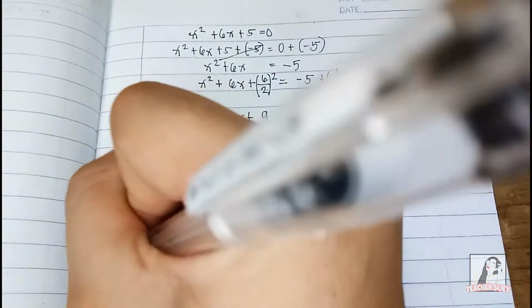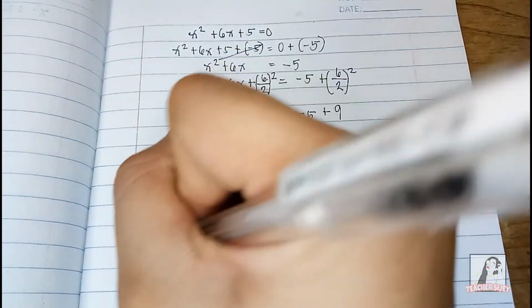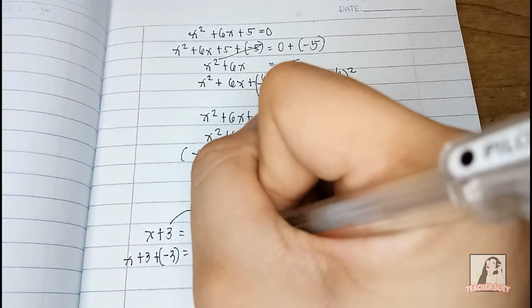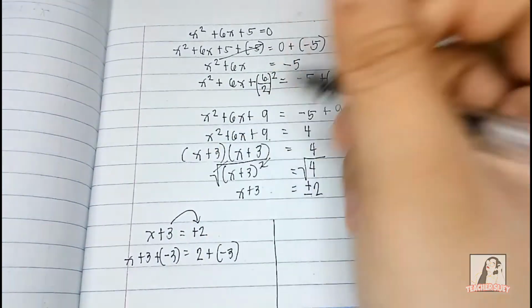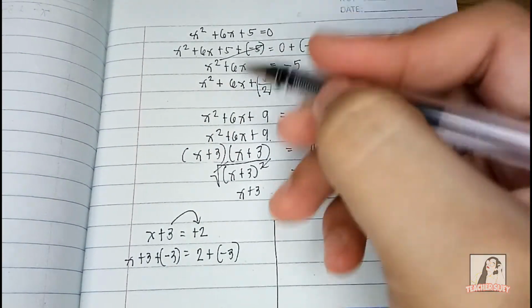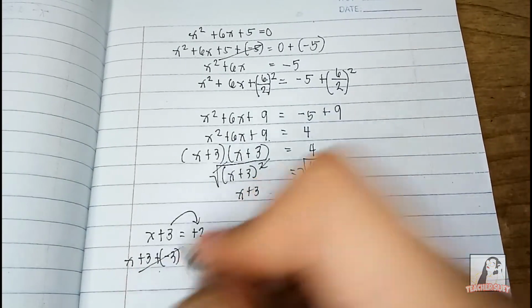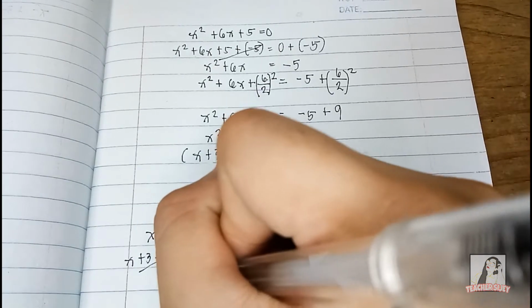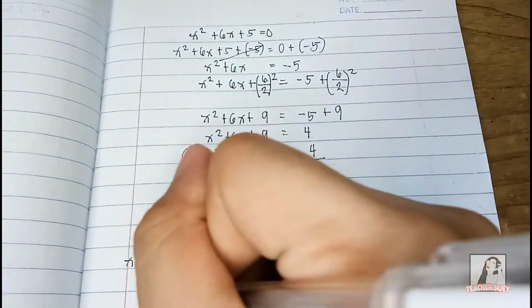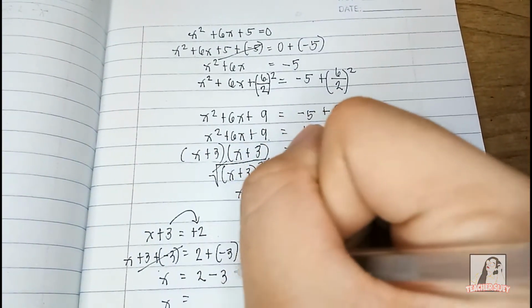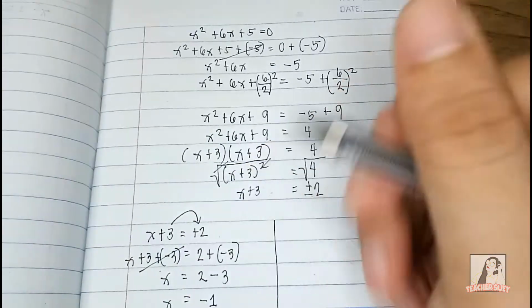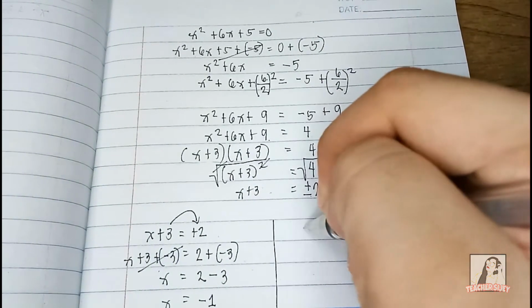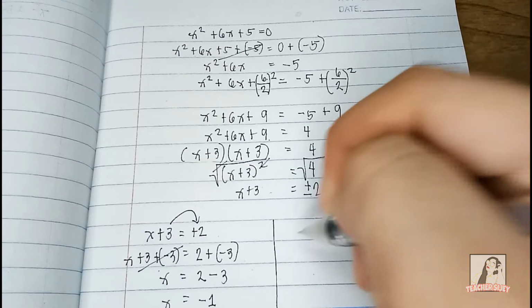So we have x plus 3 plus negative 3 equals 2 plus negative 3. 3 plus negative 3 cancel. Then we have x equals 2 minus 3, which equals negative 1.